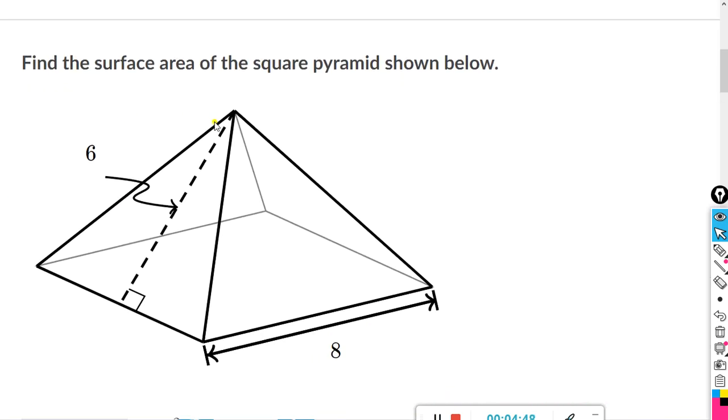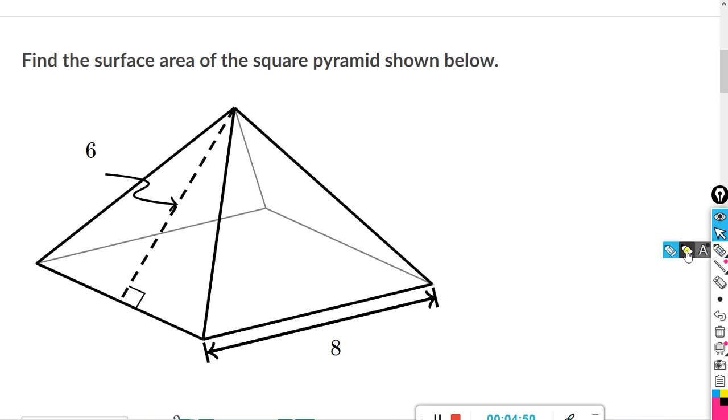All right, here we have a square pyramid. So let's start with the triangles. We said a minute ago the area of a triangle is 1/2 times the base times the height. The base and the height are always perpendicular to each other.